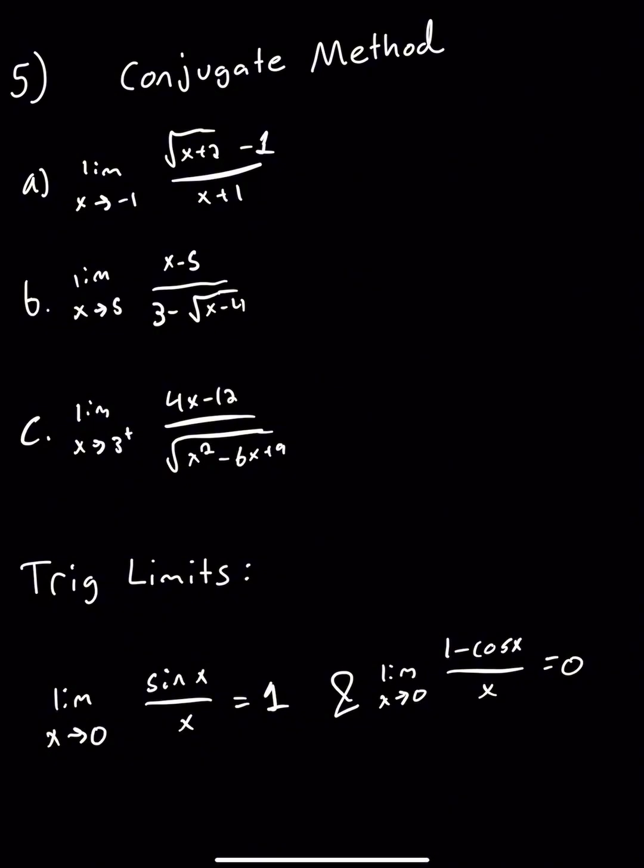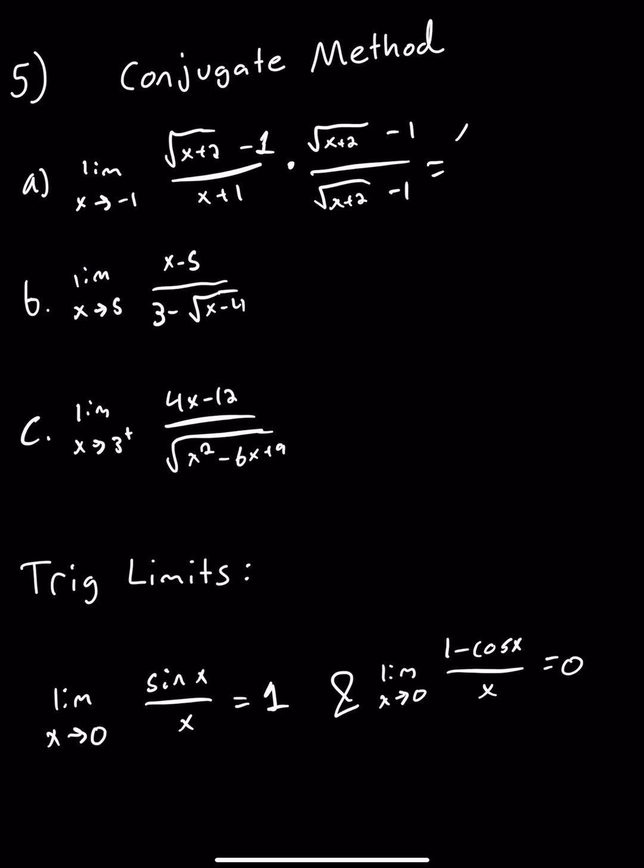Now let's look at the conjugate method. Now this is mainly for when there is a root on the bottom, and we learned a little bit of that in pre-calculus. So for this first one, plugging in negative 1 on the bottom clearly is not going to work. So we need to find something that will work. And we can do this by multiplying it by itself. So that's the square root of x plus 2, minus 1, over the square root of x plus 2, minus 1.